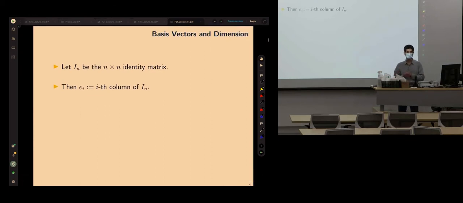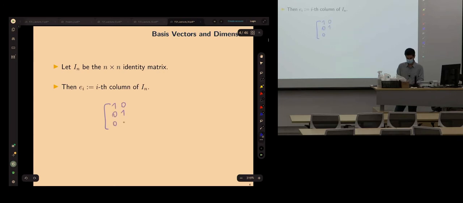Now you remember the identity matrix. This is an n by n identity matrix. You've seen this before. We define the ith column of this matrix. For example, if it's 3 by 3, we define each column to be E1, E2, and E3.